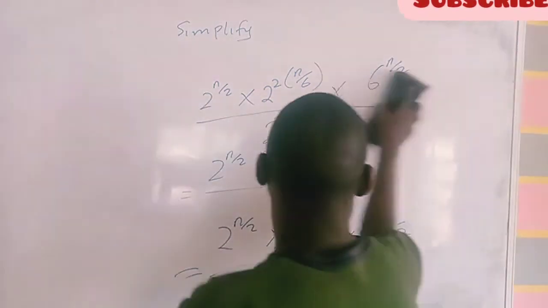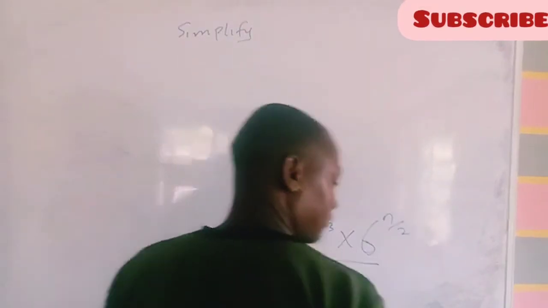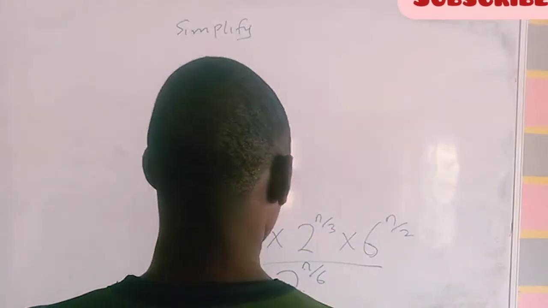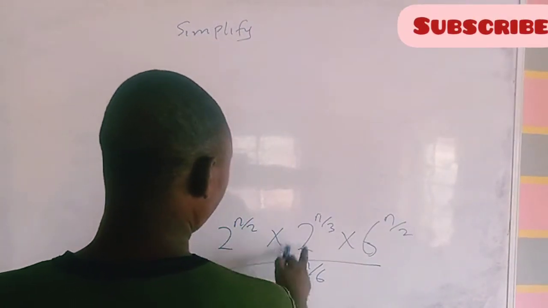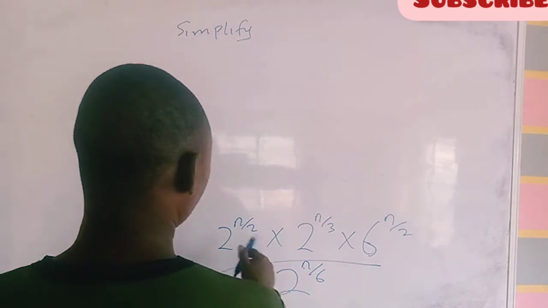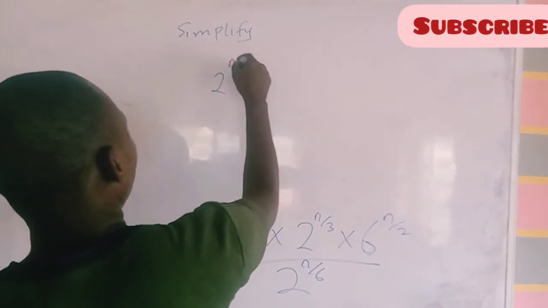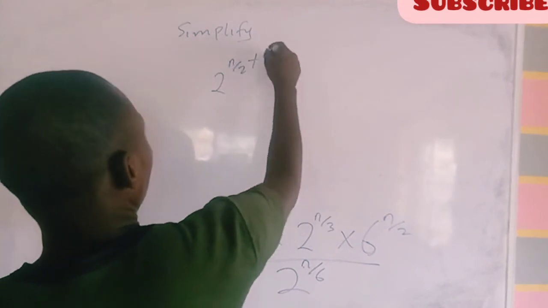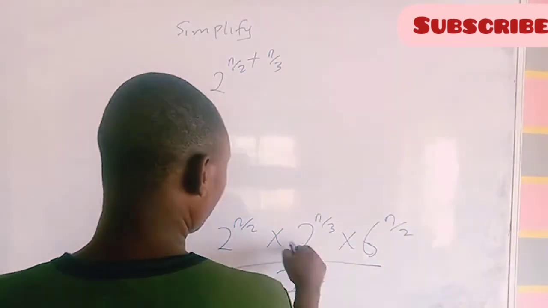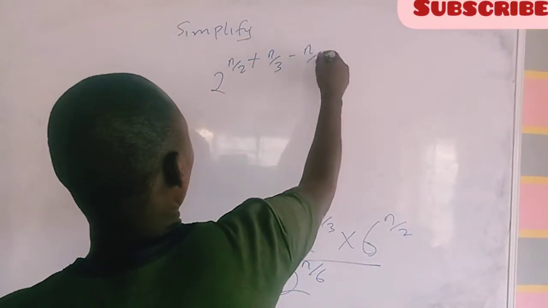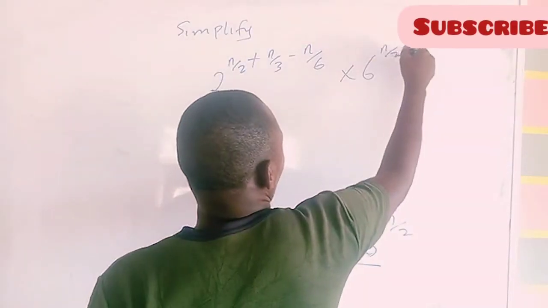Let me progress by finishing it. So we have the same base for this. That means we are going to add the powers: 2 raised to power n over 2 plus n over 3. This one is a division, then we have to subtract n over 6. Then times 6 raised to power n over 2.